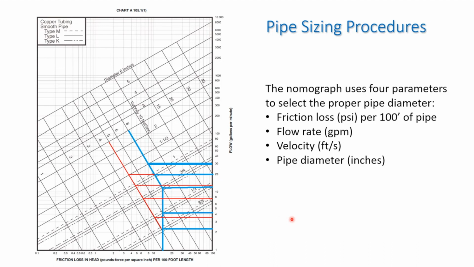The nomograph uses these 4 parameters to select the proper pipe diameter: your friction loss in PSI per 100 feet of pipe, your flow rate in GPM, your velocity in feet per second, and that will get you to your proper pipe diameter. So whether you're using Hunter's curve and the fixture unit method, or the water demand calculator, you are still using this nomograph to derive your proper sizing for the pipe diameter. Thank you so much, Dan.